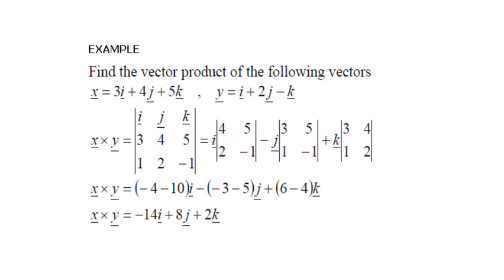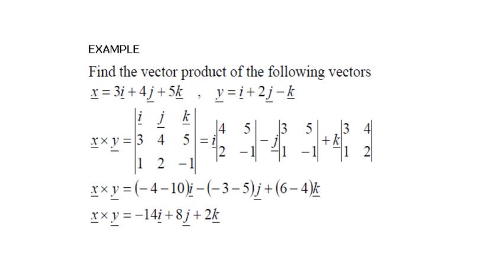Now take the jth component, eliminate this row and this column. So the new matrix will be 3, 5, 1, minus 1. Similarly, consider the k vector, eliminate this row and this column. So this is your new determinant 3, 4, 1, 2. Now you have to simplify. How to simplify?